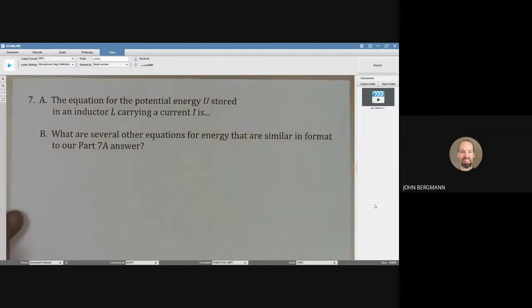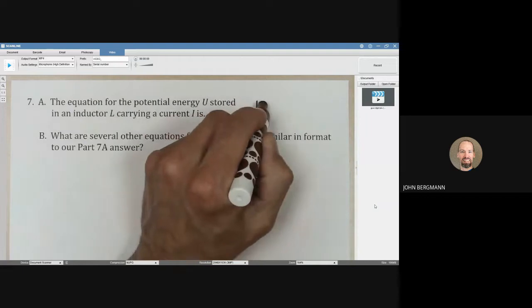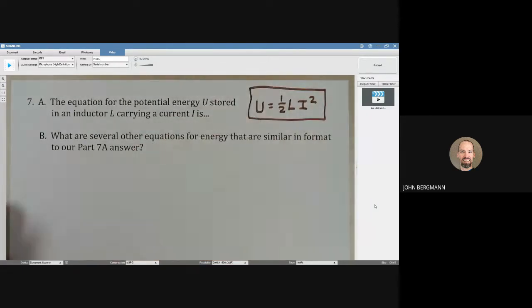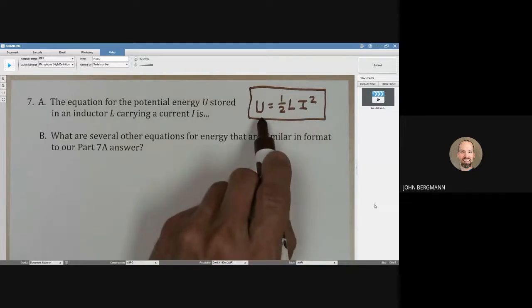Speaking of that energy, the equation for the potential energy stored in an inductor L that's carrying a current I looks like this: 1/2 L I squared. You can see that the current has a large effect on how much energy is stored in the inductor.